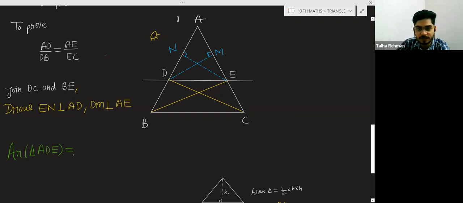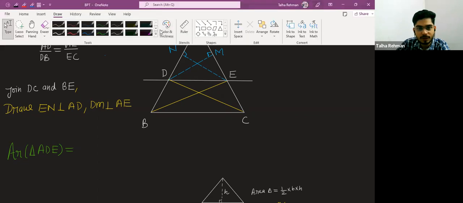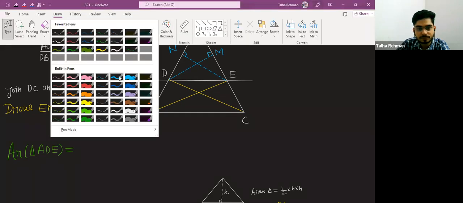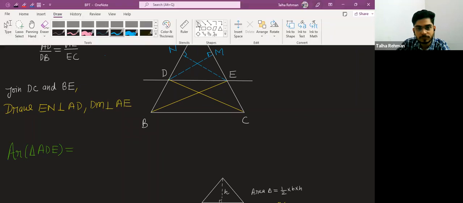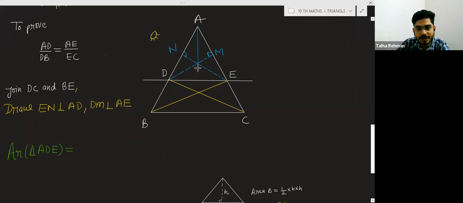Suppose I have some height like this, and this is the perpendicular. So I can also calculate the area of triangle ADE as half, and this time your base will become DE, because the line on which the perpendicular is falling is the base.